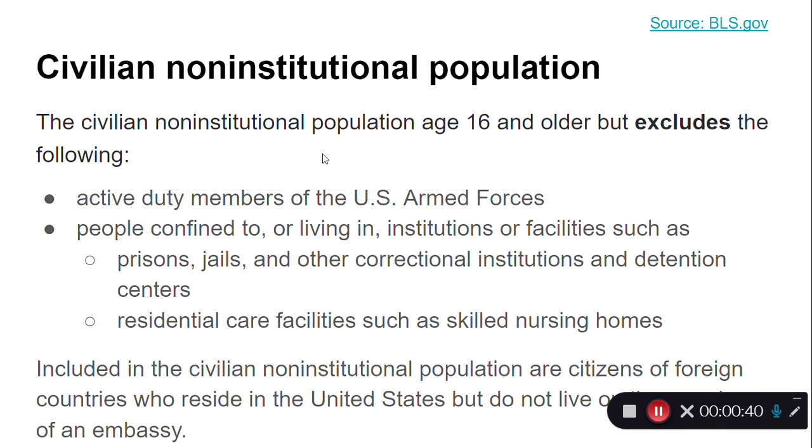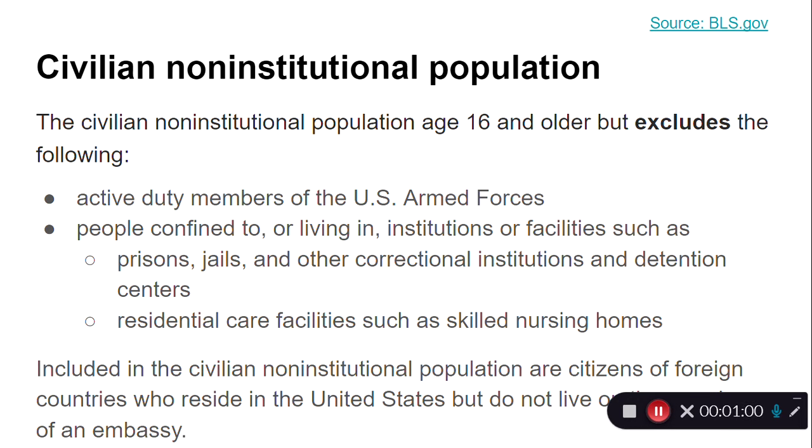So first of all, there are a couple definitions you need before you can define the unemployment rate. And this is the thing with any quantitative measure: whenever you measure something, you have to define what it is that you're measuring. And whenever you do that, you have to leave something out.